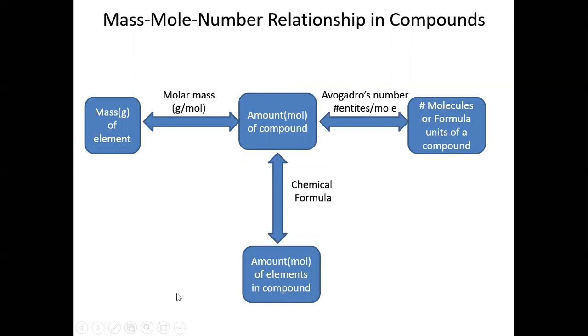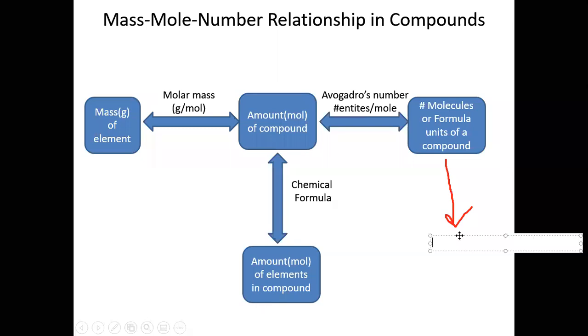So now if you want to know the number of moles in an element, we can get that from the chemical formula. Or if we want to know the number of entities, from that we can find the number of ions or atoms.